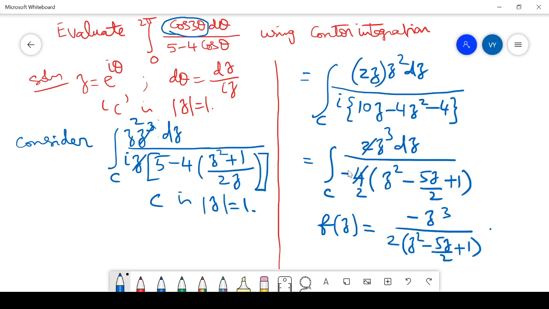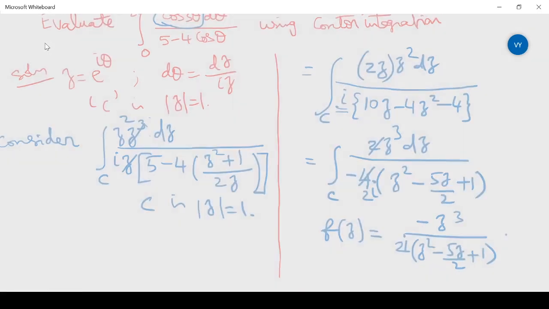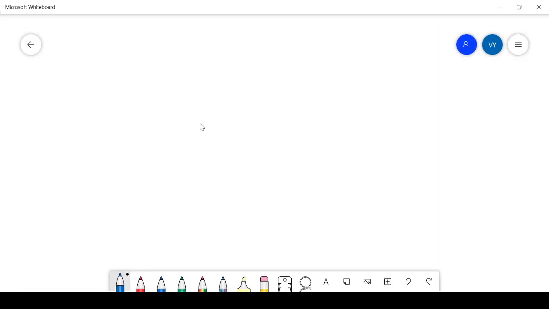In fact, I have left this i outside, so in this case I will have 2i, and similarly I will have 2i here, because here I have an i. So f of z will be minus z cube by 2i into z squared minus 5z by 2 plus 1. I have to use the Cauchy residue theorem here.